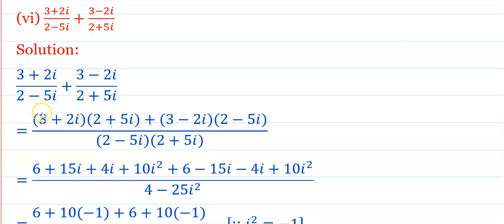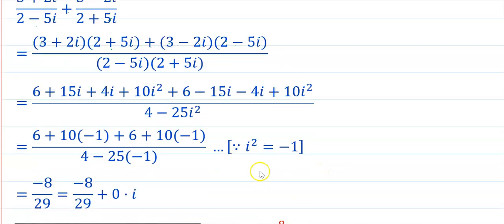Again the multiplication. 3 into 2, 6. 3 into 5i, which is 15i. 2i into 2, 4i. 2i into 5i, 10i square. 3 into 2, 6. 3 into minus 5i, minus 15i. Minus 2i into 2, minus 4i. Minus 2i into minus 5i, plus 10i square.